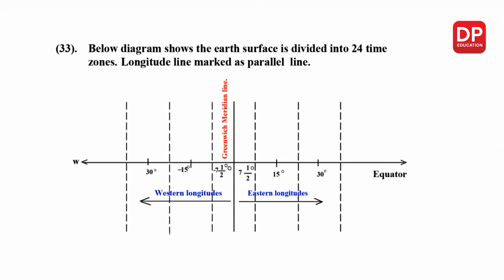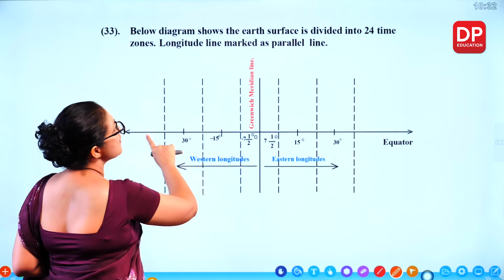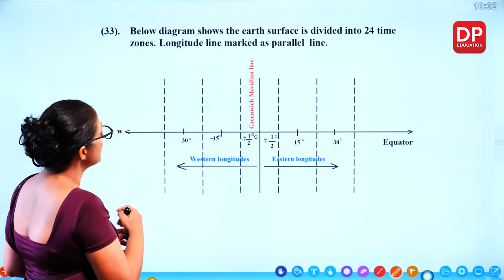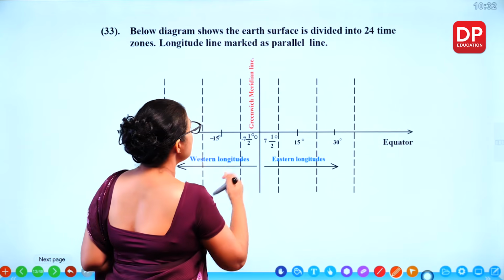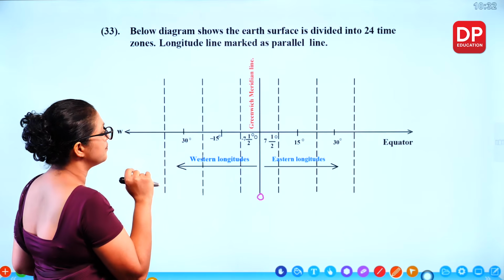Look at this diagram. When you take the globe and cut it, you get the equator, that's the horizontal line, and you get time zones. Now the 0 line is here. That's the Greenwich meridian line.